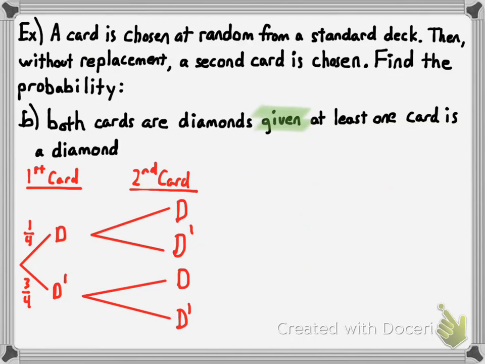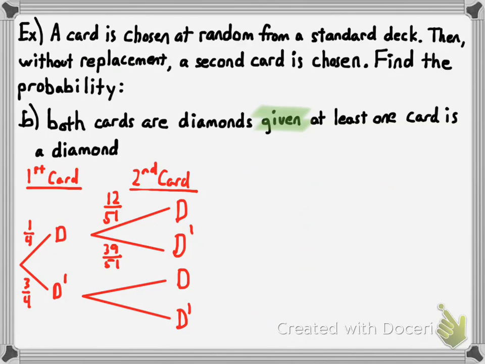But on the second draw, keep in mind that there were actually 52 cards, and if you got a diamond the first time, and there were 13 diamonds, now you only have 12 out of 51 remaining cards that are diamonds. Does that make sense? Now, you might have preferred to put 13 out of 52 right there to make this a little more obvious. Up to you which way you want to go with that. And if 12 of the cards are diamonds out of 51, that means the remaining 39 would not be diamonds.